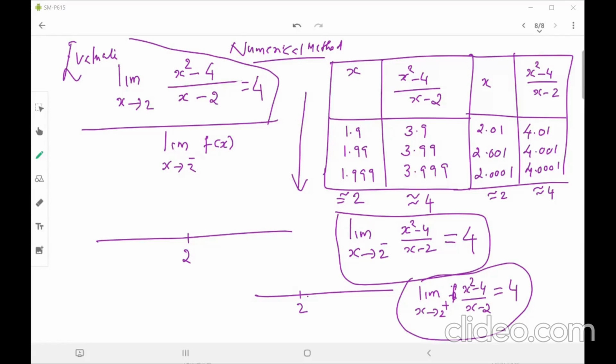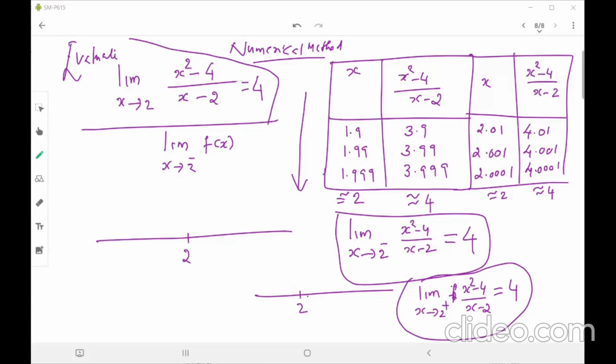Is it clear now? Any question? So, can we do like, now here there is x square minus 4 by x minus 2, then we can take x square minus 2 square, that is x plus 2 into x minus 2, and then we can cancel x minus 2 and x minus 2, and then when limit x tends to 2, we can get 4 now, like that.